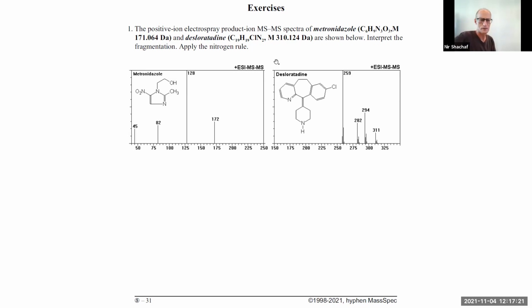So we see 172 is the M plus H, and then the difference to 128 is 44. That I speculated might be this hydroxyl side chain. So you cut here.